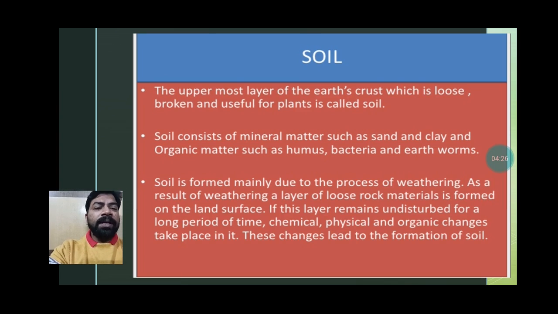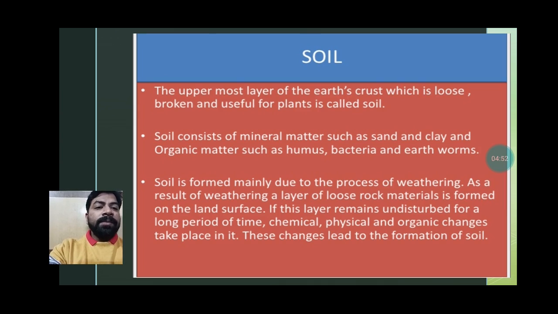It is a very important part of the land. Soil consists of mineral matter such as sand and clay and organic matter such as humus, bacteria and earthworms. So altogether soil is a mixture of all these contents.